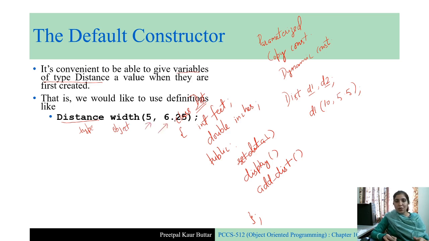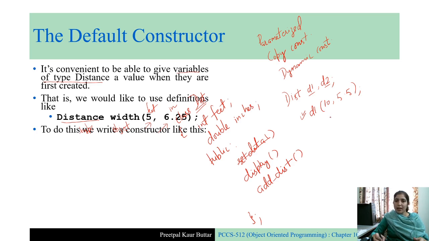We are passing two values. The first value will be assigned to feet and the second value will be assigned to inches. So we would like to use this format.